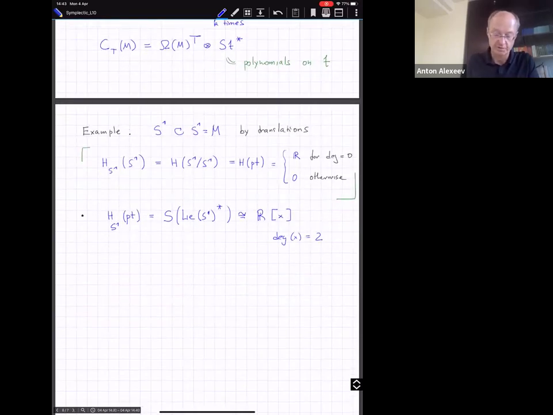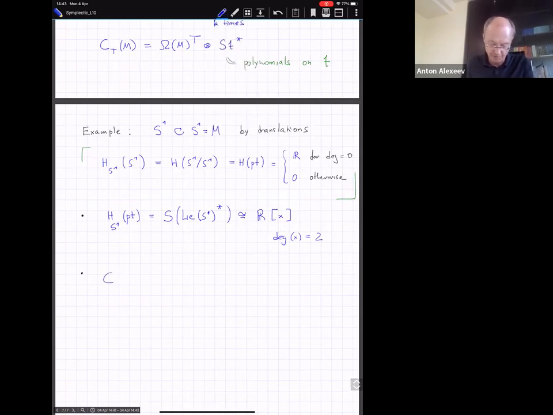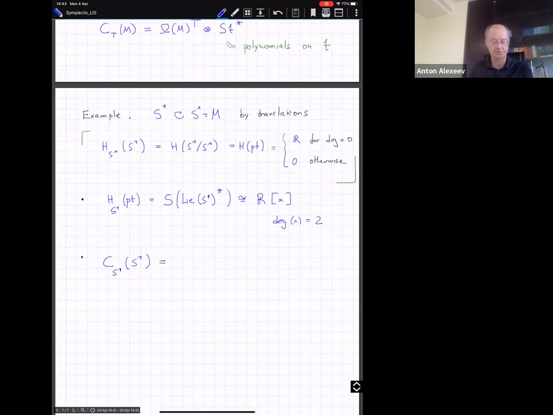Okay, so now what happens with our example? The Cartan model, so those chains C_S1 of S1, are S1 invariant differential forms tensor this polynomial algebra.